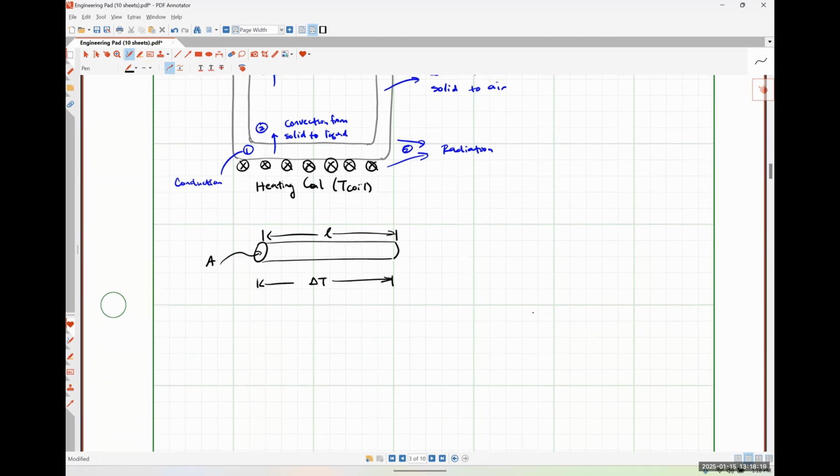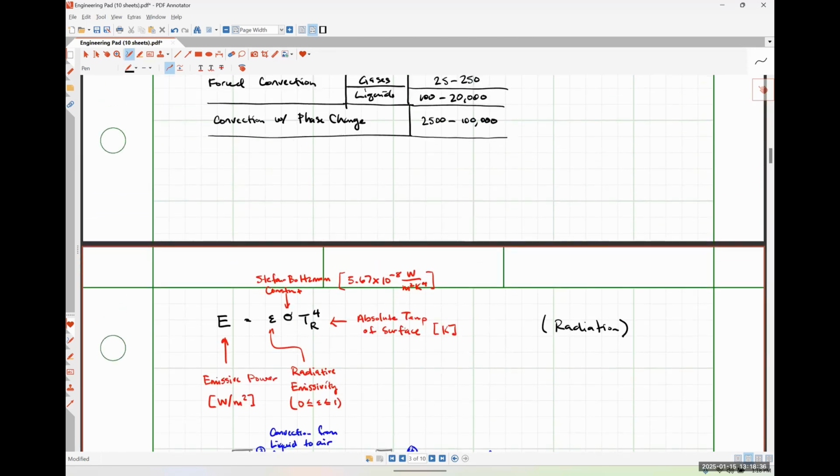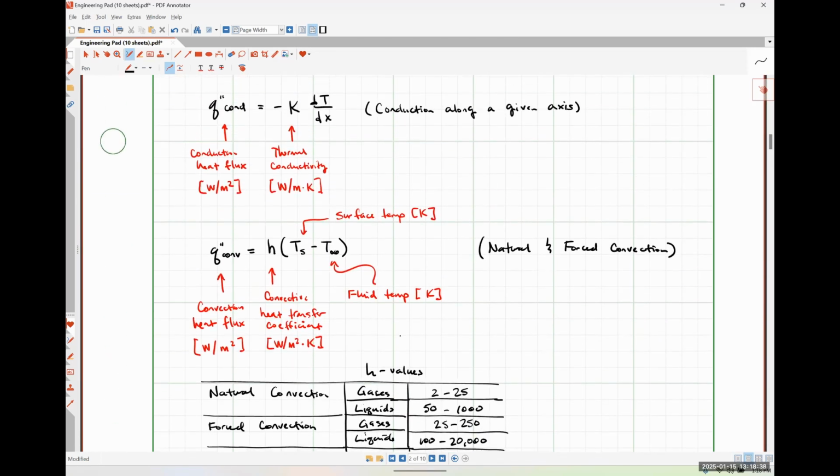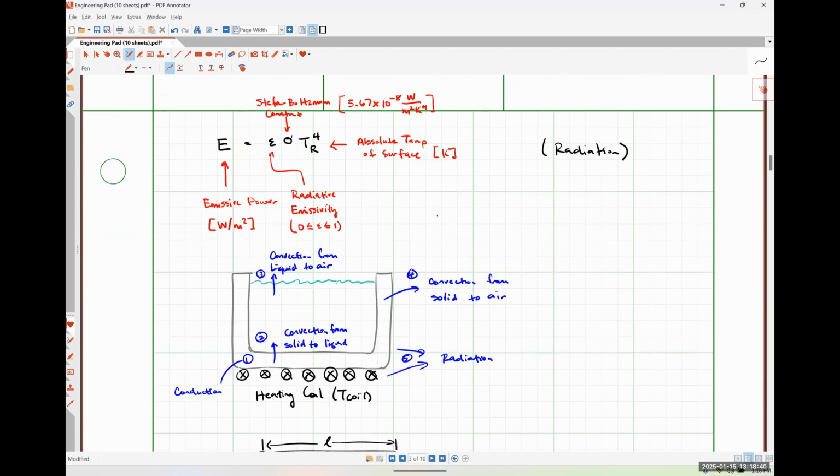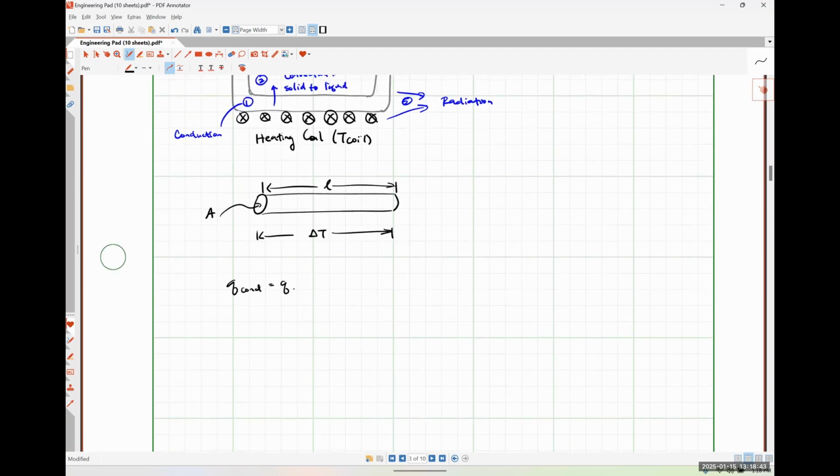Based on these parameters, the total heat flow due to conduction is going to be simply our conduction heat flux, Q conduction double prime, multiplied by our cross-sectional area.